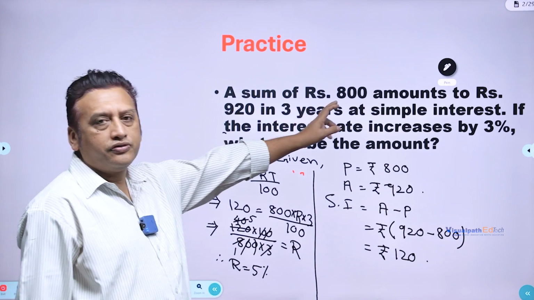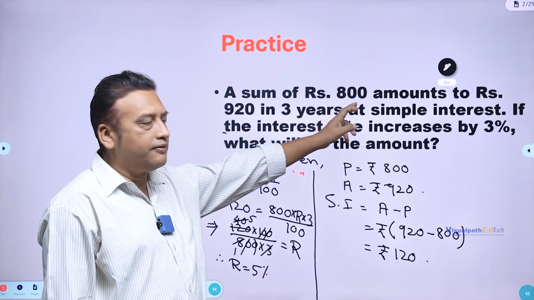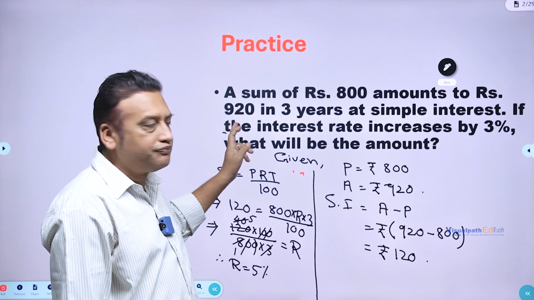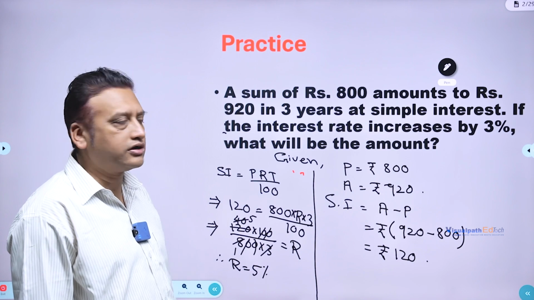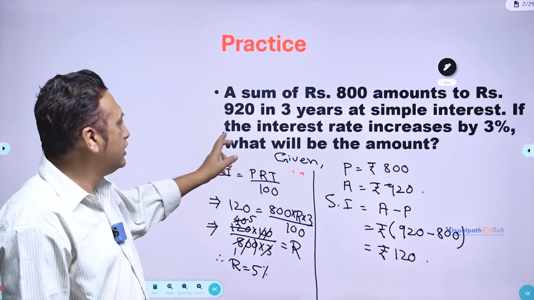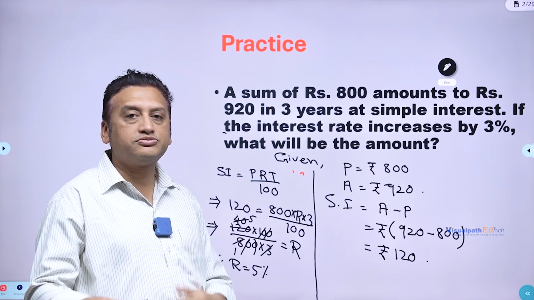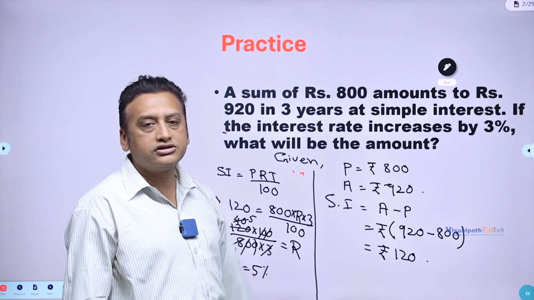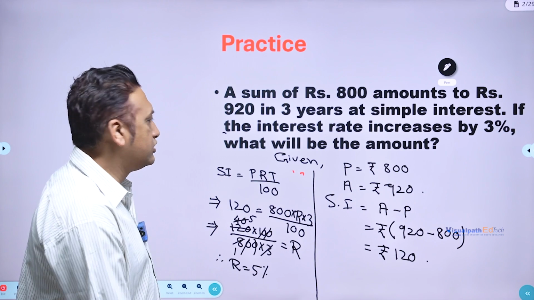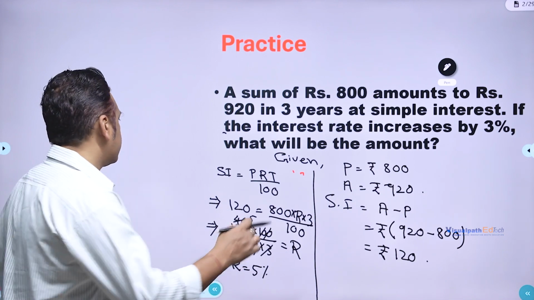So a sum of rupees 800 will become 920 in 3 years at the rate of 5%. So we did our first part. Now coming to the second part, if the rate of interest increases by 3%, earlier it was 5%. Now if it increases by another 3%, the new rate of interest will be 8%.